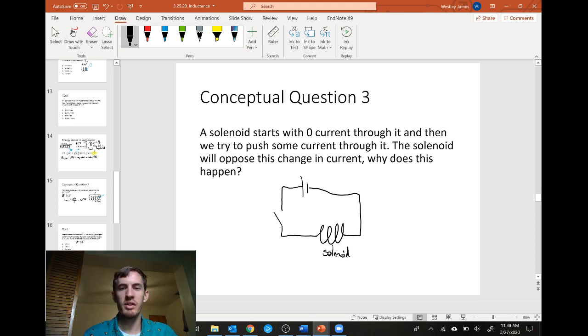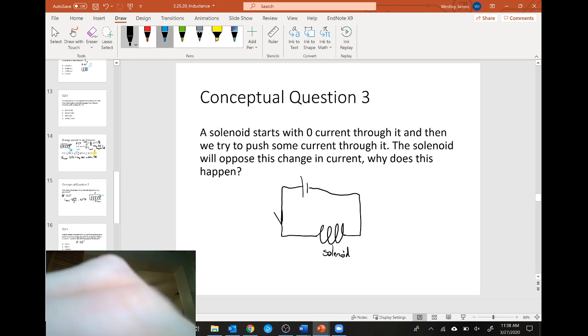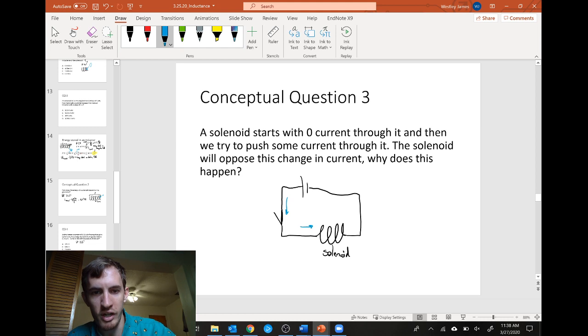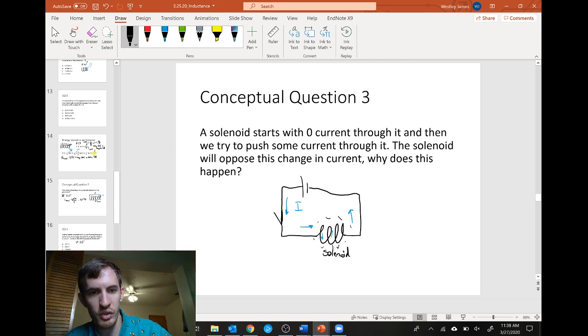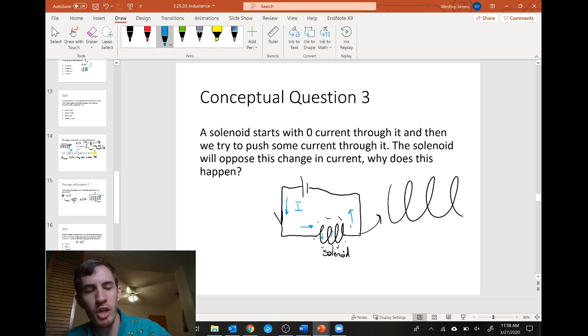And the question is, basically, a solenoid starts with 0 current through it, and then we push some current through it. It will oppose the change in current. Why does this happen? This is what I talked about at the very beginning, so it's just rehashing that. The second that you close this, some current will start to try to flow through the circuit. And this current is going to go along this solenoid. And if we just look at this solenoid, it went from no current to some current.